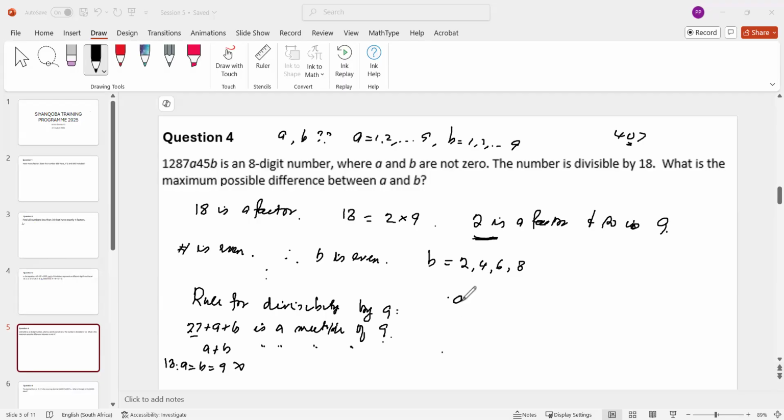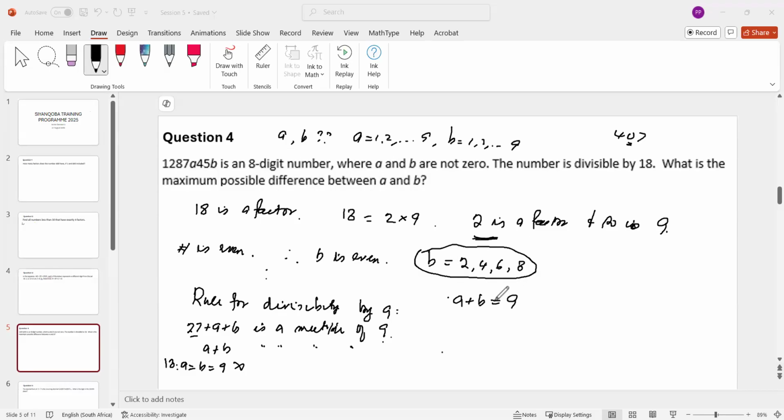So therefore, A plus B is not 18. There's only one possibility: A plus B equals 9. All right. So this is where we are. B is one of 2, 4, 6, 8, and A plus B is 9. So the question now is, what is the maximum possible difference between A and B? Now that's an interesting question.